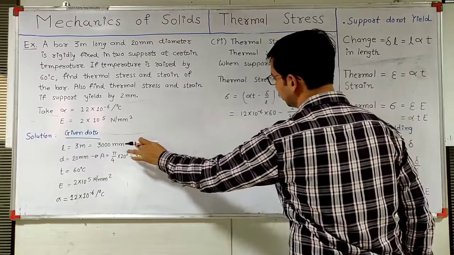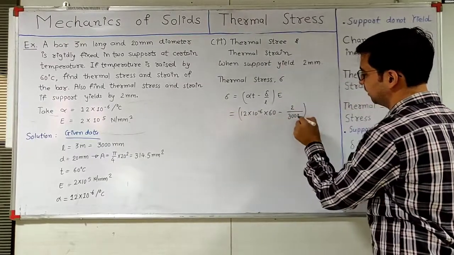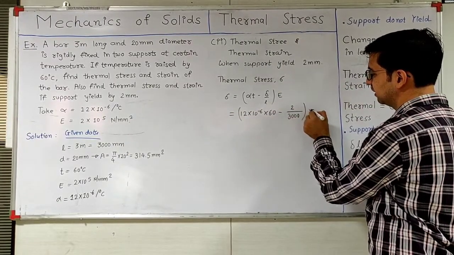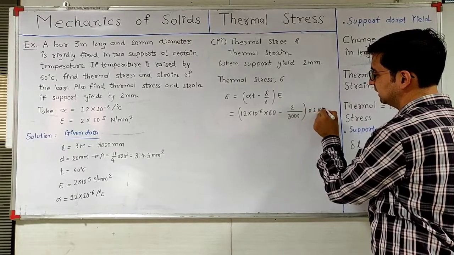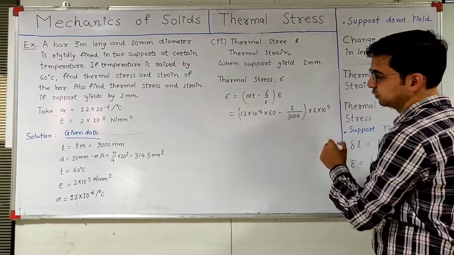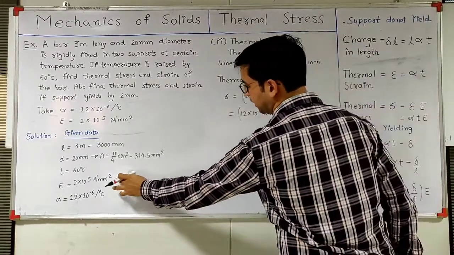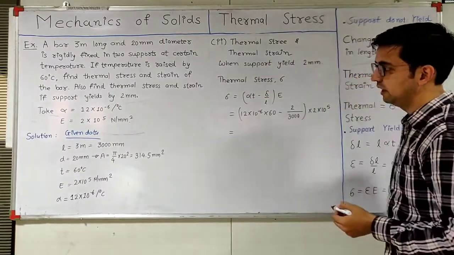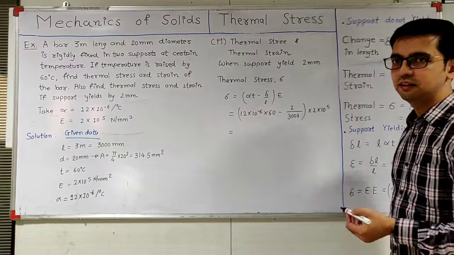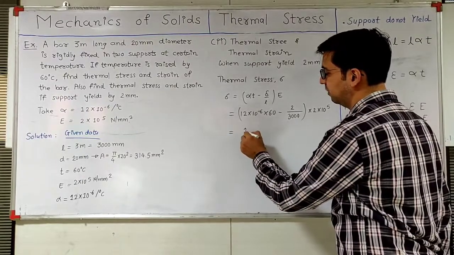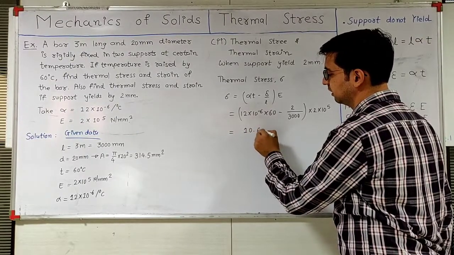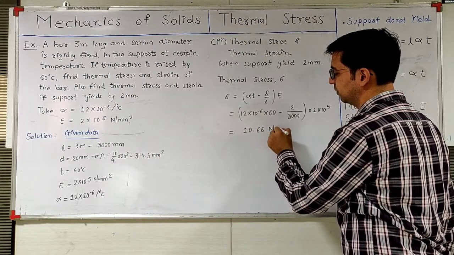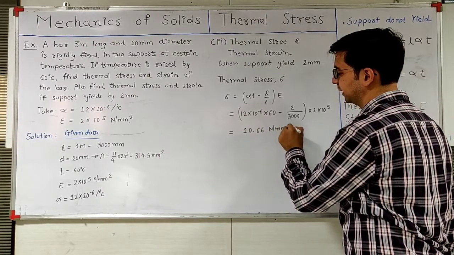Multiply all the values with modulus of elasticity, which is given 2 into 10 raised to 5. So by simplifying this equation, we will get the answer of thermal stress as 10.66 Newton per mm square.